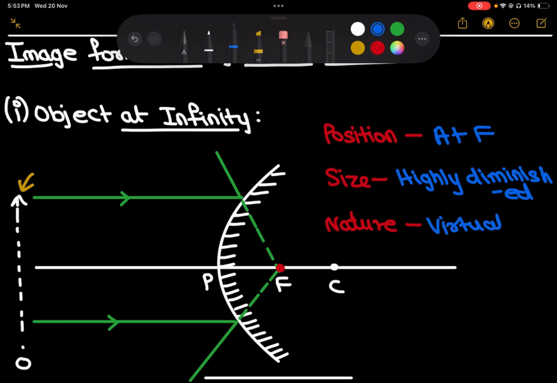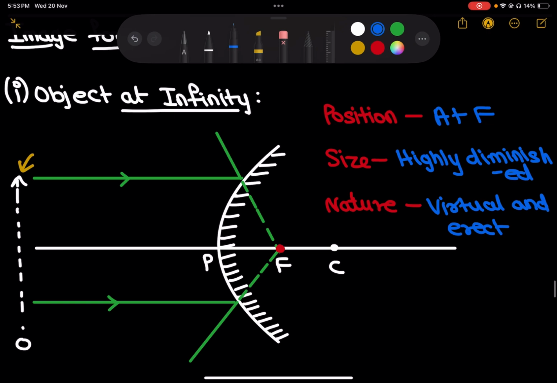So you can understand one thing, that in convex mirror, the image formed will always be virtual and erect. It will never be real and inverted. And for concave mirror, the image formed will mostly be real and inverted, except that last case where the object is kept between pole and focus. At that time, the image will be virtual and erect. Okay, so the first case is done.